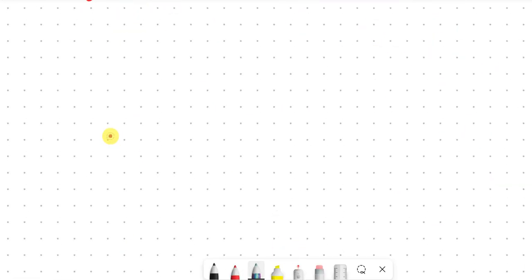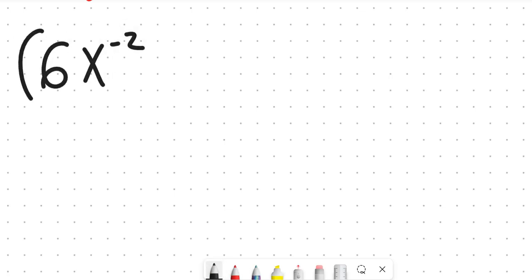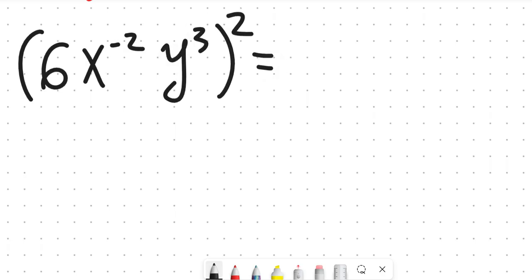So if we say, for example, 6x to the negative 2, y to the power of 3, all to the power of 2. Now, in our previous lesson, we learned that when we have multiple terms or numbers raised to a power, then all of them have to be raised to the power of 2.